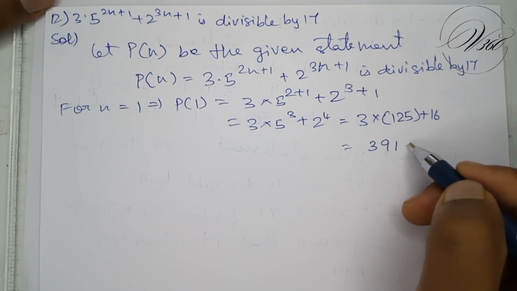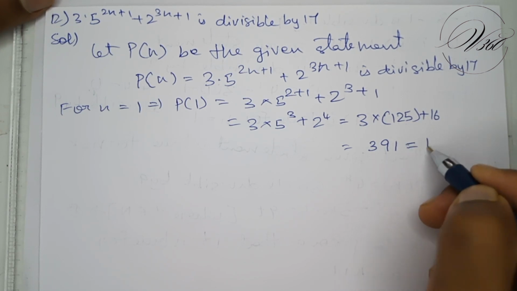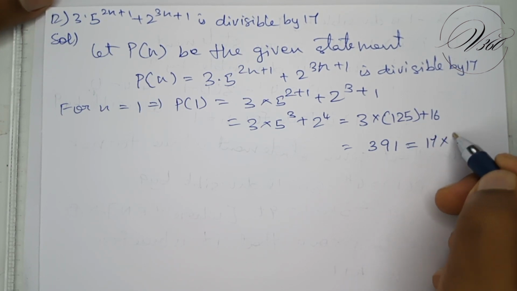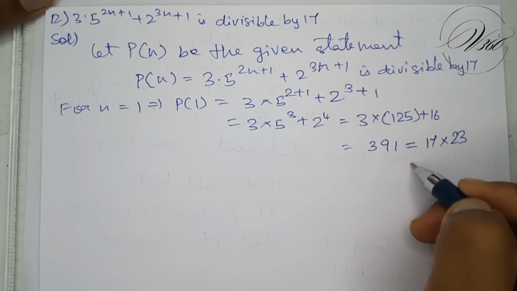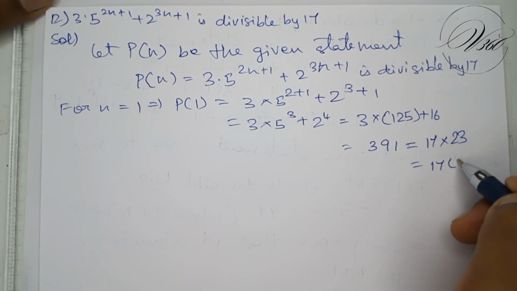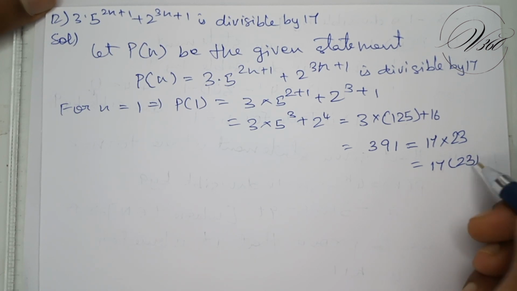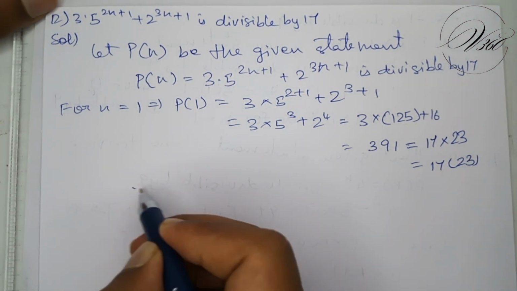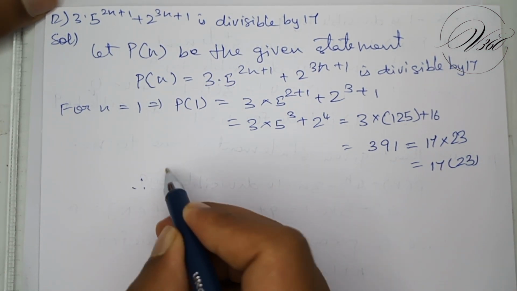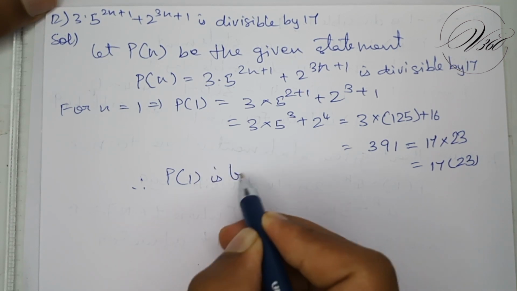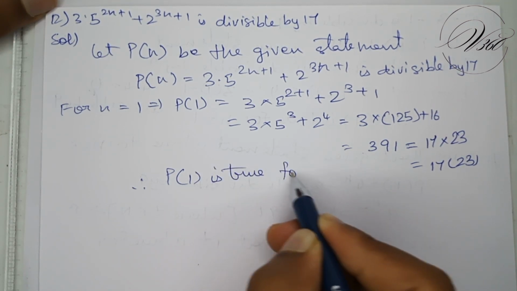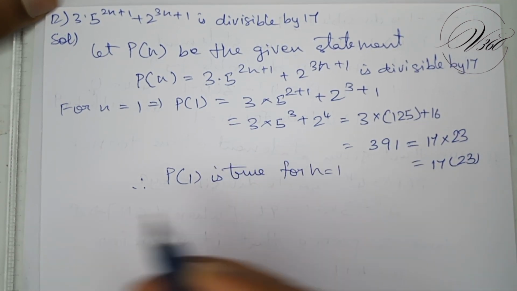Yeah, 391. So we can write it as 17 into 23. So it is divisible by 17. Therefore P of 1 is true for n equals 1.